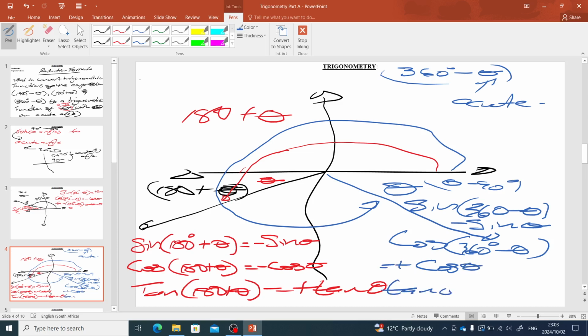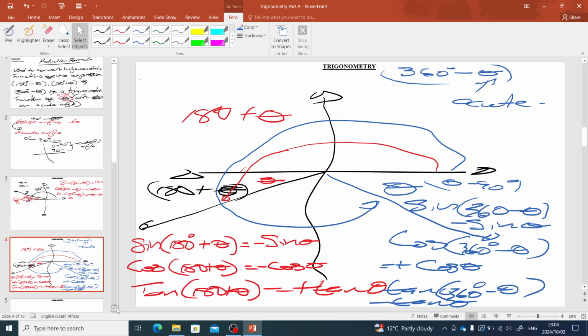If it is tan, it will be 360 minus theta, and we know that it will be minus tan theta. The sign there has to be negative if we are looking at tan.